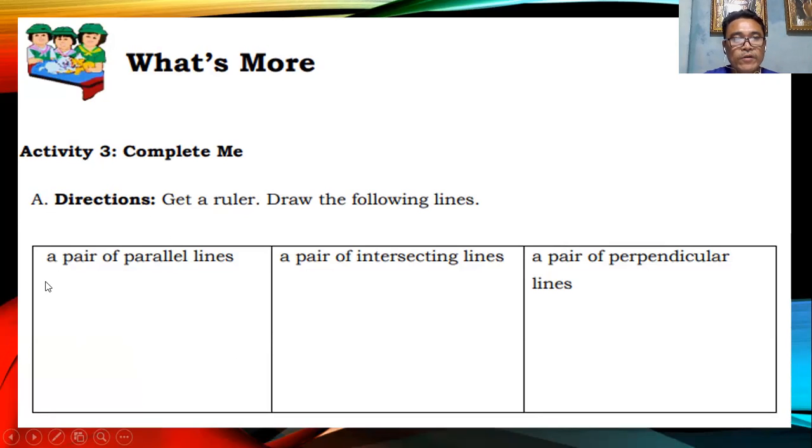First, you have to draw a pair of parallel lines. Next, a pair of intersecting lines and a pair of perpendicular lines.